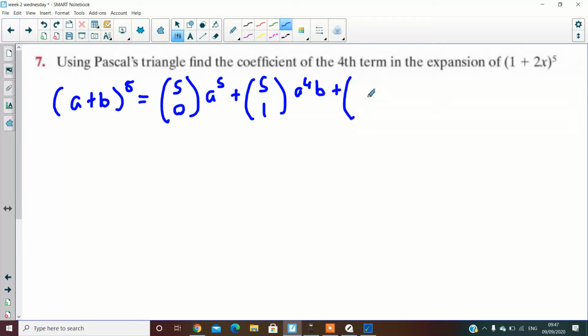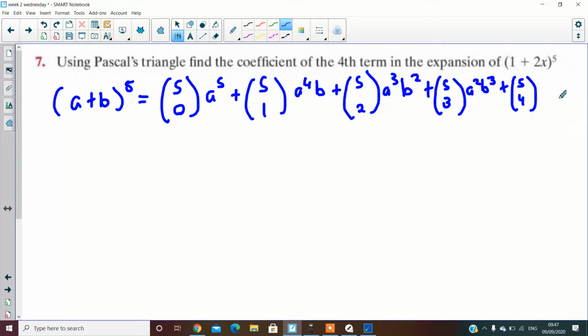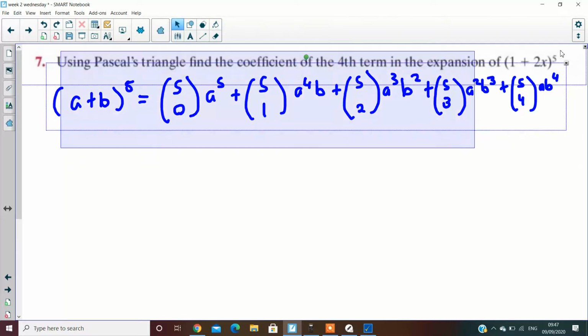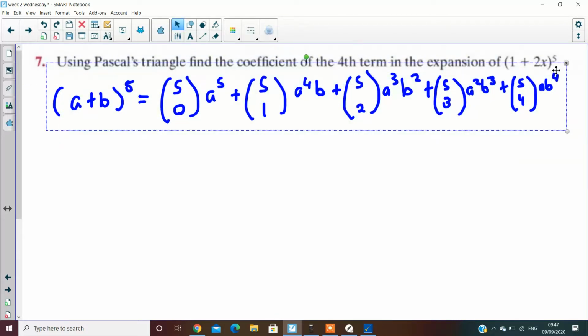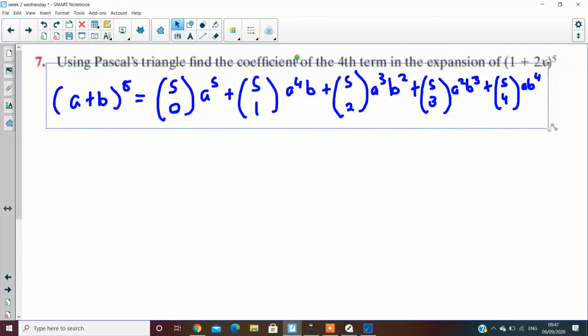Next one, 5C2 a^3 b^2, 5C3 a^2 b^3. Next one, 5C4 a b^4, and then finally, it just takes up so much space. I'll say this in the video because it's grim.